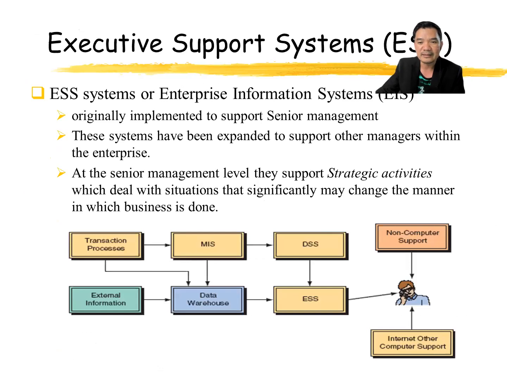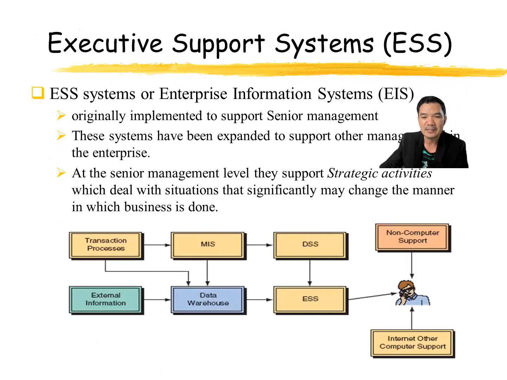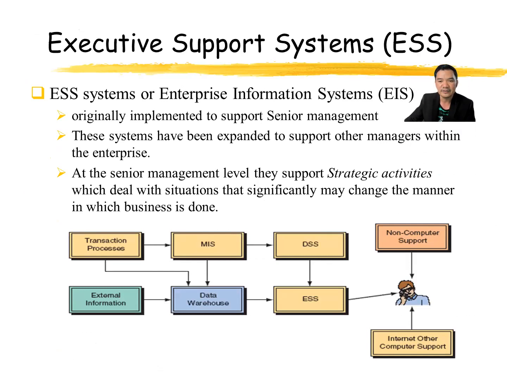And now, what strategic information systems can be classified. This is the first definition, the first perspective that we can use in terms of strategic. Usually, executive support systems can be classified as strategic information systems, but here we will take up first that executive support systems or enterprise information systems were originally implemented to support senior management.